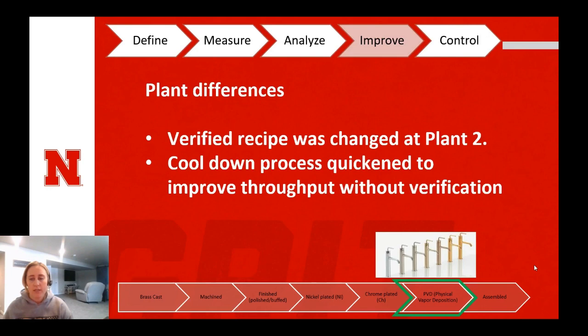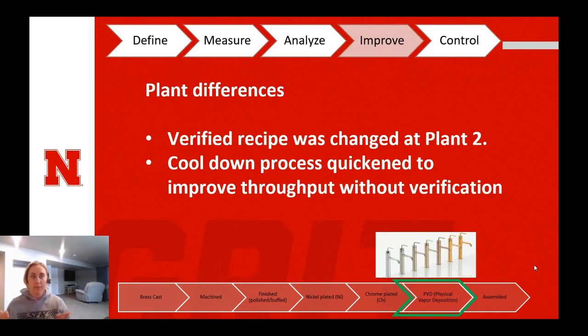We didn't have the time frame here to put all the parts through the whole process, so we're taking it as homework to verify that and to run a set of parts through with a quickened cool down procedure and the normal rate for cool down and compare those two at the same plant. That is critical.